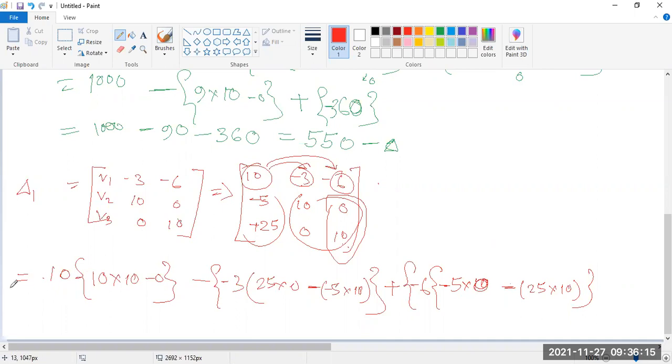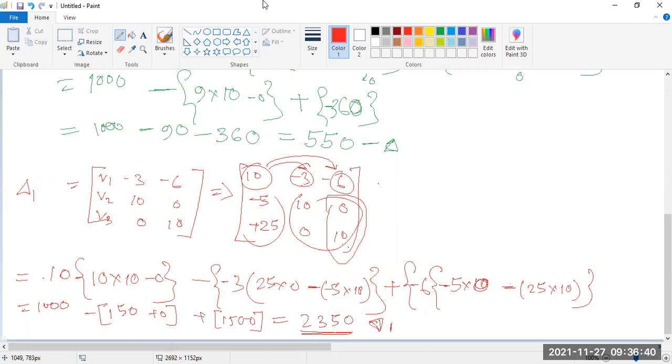So ultimately it is coming 1000 minus 150 plus 0 plus 1500. So it is coming 2350. Just remember, this is delta 1.